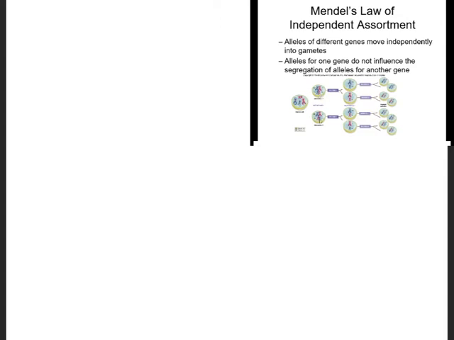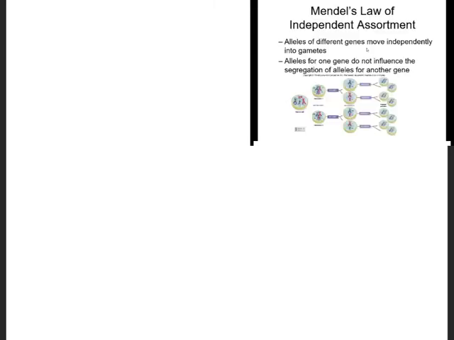That's not how it works at all. And that's what the law of independent assortment essentially says, is you cannot predict the inheritance of any other genes based upon the inheritance of one gene, because they're all spread out along these chromosomes and they all independently assort themselves on one side of the metaphase plate.